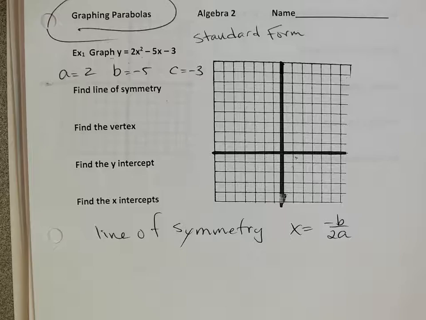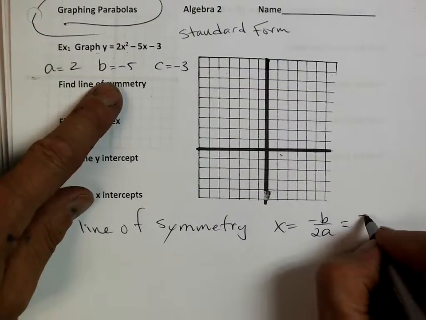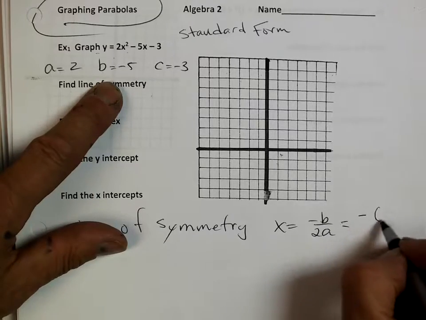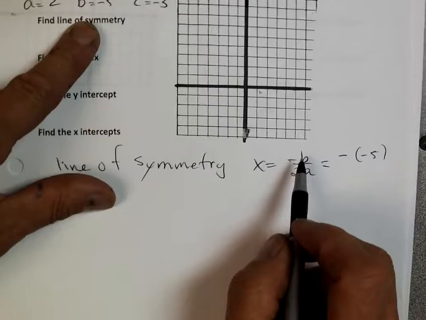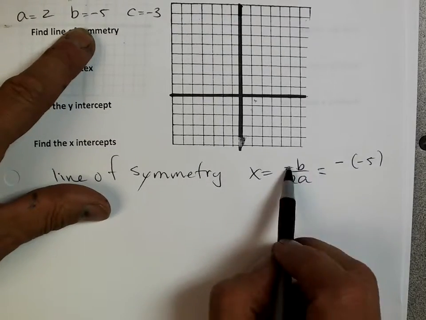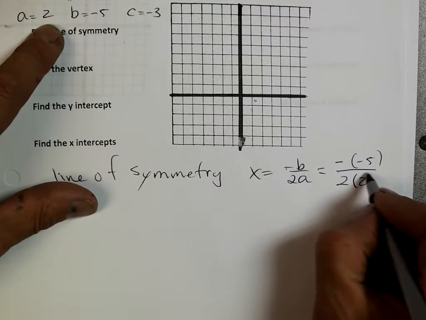So if I want to find the line of symmetry for this equation, I'm going to go, all right, negative 5, because it's a negative b, over 2 times a, which is 2.